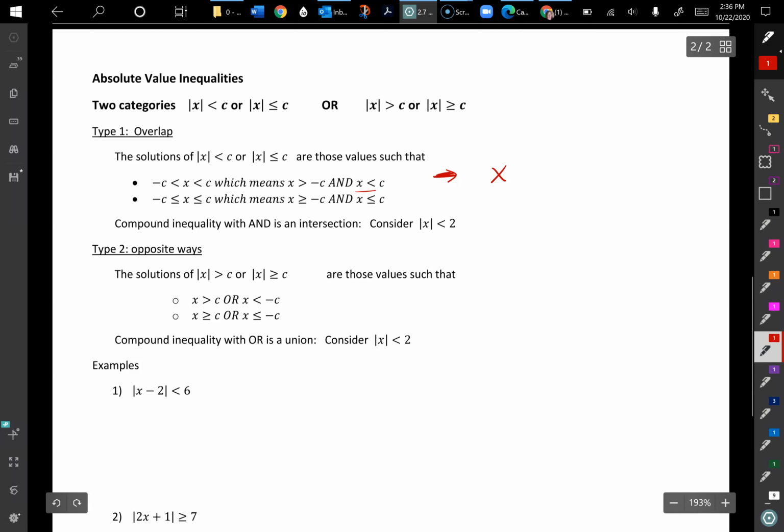So I would write if x is less than c, then my other scenario is going to be, reverse the inequality, change the sign, so it would be greater than negative c.